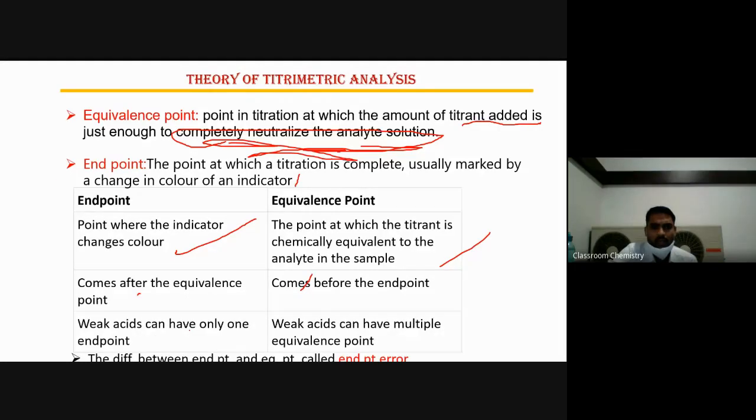Weak acids have only an end point. Weak acids can have multiple equivalence points, and the difference between end point and equivalence point is called end point error. What I tell you is also asked in bits or multiple choice questions. The difference between end point and equivalence point is called end point error.